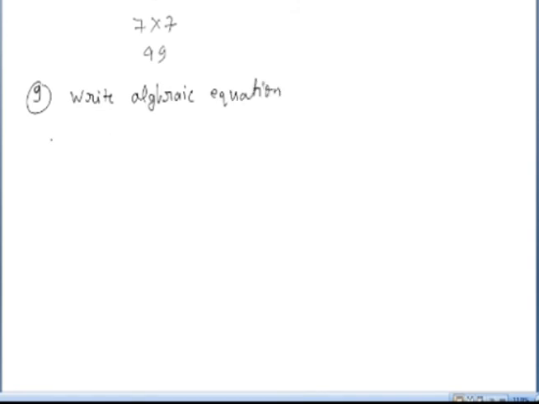Okay, so the first situation is Rita's age is 4 less than 4 times her daughter's age. Rita's age is 4 less than 4 times her daughter's age.